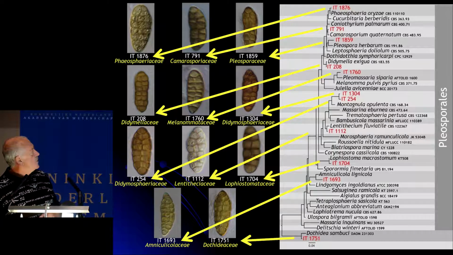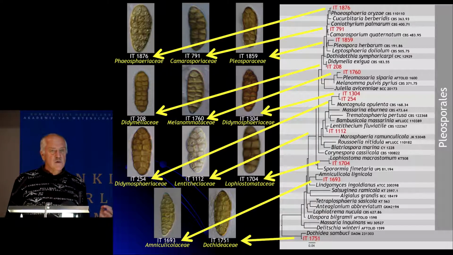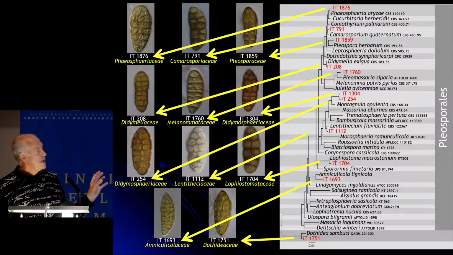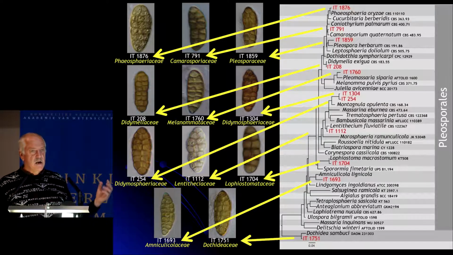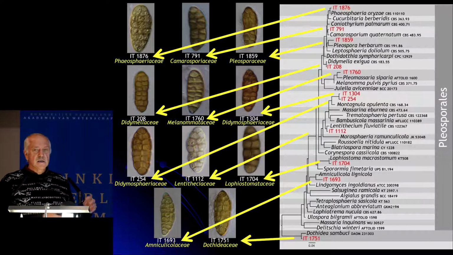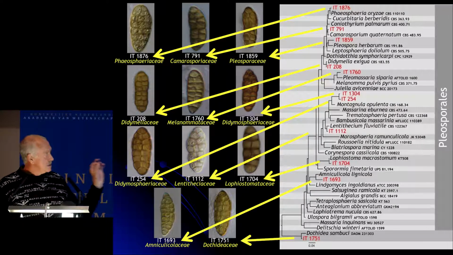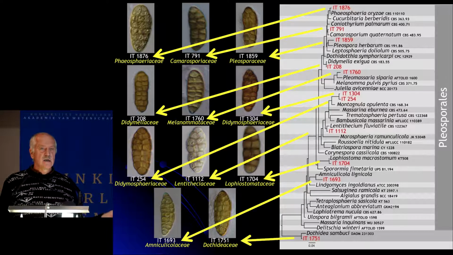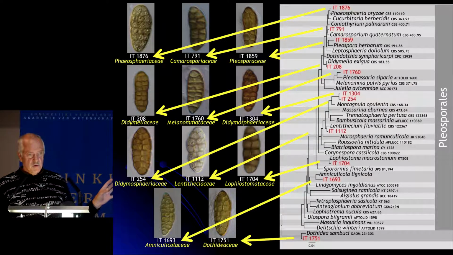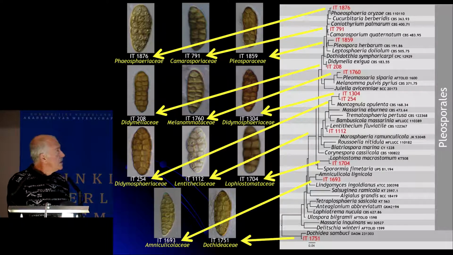And you go on all the way through. So almost in every family in the Pleosporales, there are examples of pleosporoid spores. So the reason I've shown you these is because: can we use the morphology to predict the family? The answer is probably a bit difficult, unlikely, hard to do.